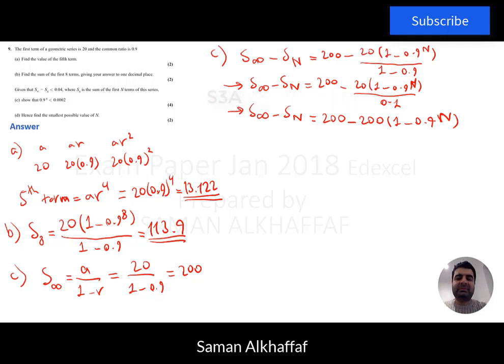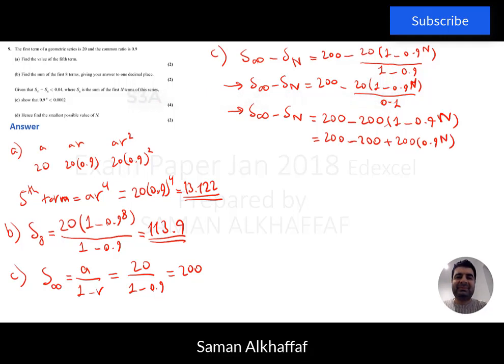Now we move all the expressions to one side. We multiply the 200 by the bracket, so that will give us 200 minus 200 plus 200 multiplied by 0.9 to the n, close bracket.